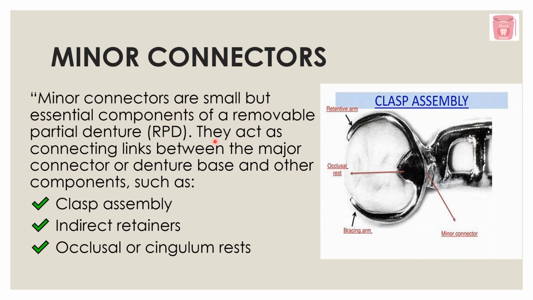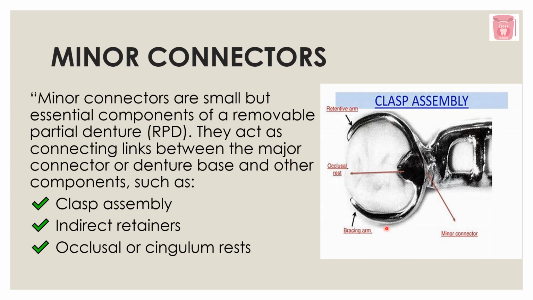They act as a connecting link between the major connector or denture bases to other components, such as your clasp assembly, indirect retainers, or occlusal or cingulum rest. Okay. So this is a diagram explaining that this is a minor connector and this is your major connector. This minor connector is connecting your major connector to these parts of your denture.